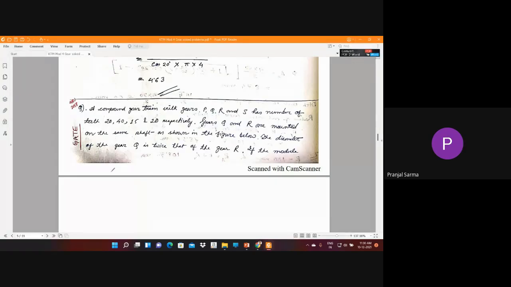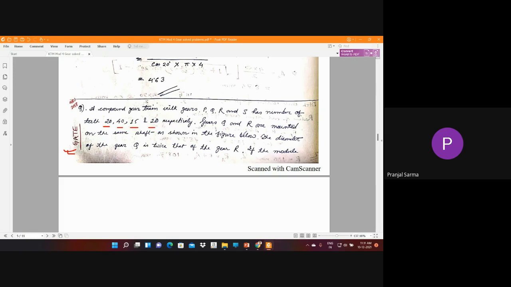This is another small problem. This came in one of the GATE exams. All of you have heard about GATE, na? So what does it say? A compound gear train with gears P, Q, R, and S has number of teeth 20, 40, 15, and 20 respectively.